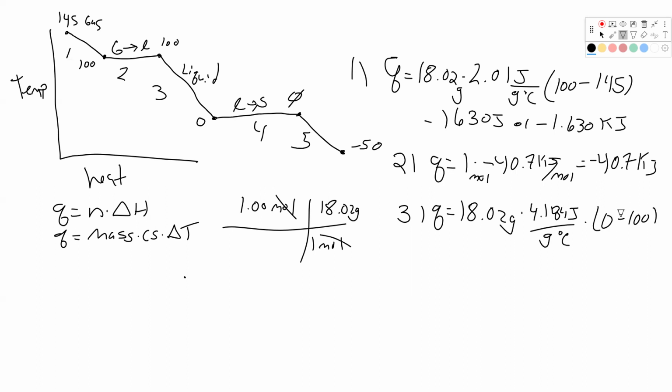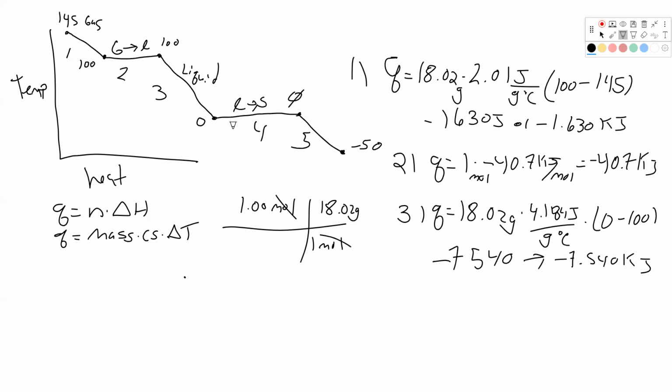That's negative 100. So 18.02 times 4.184 times negative 100 is negative 7,540. I'm rounding, by the way, 39.5. Or negative 7.540 kilojoules.